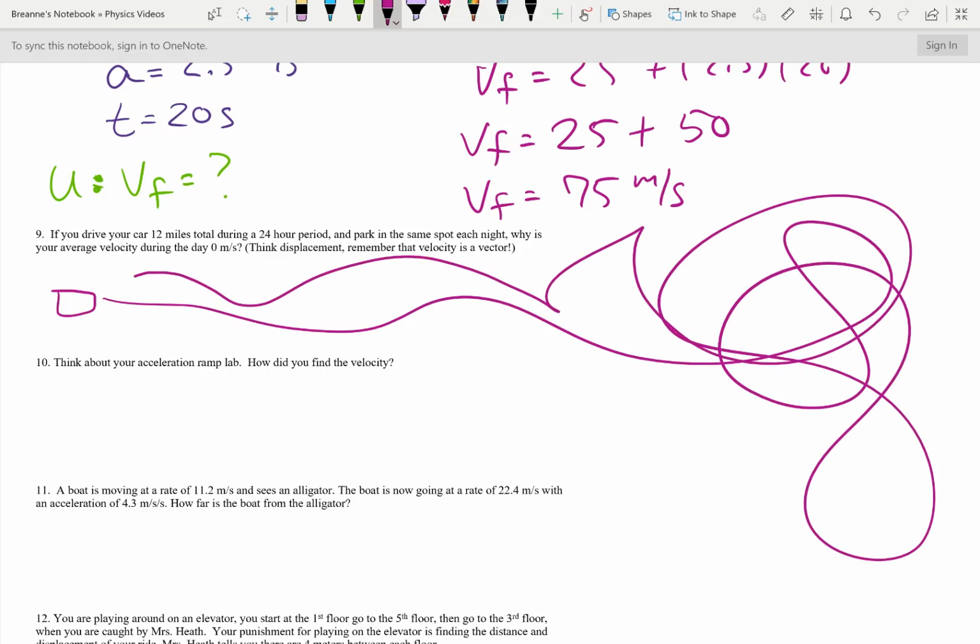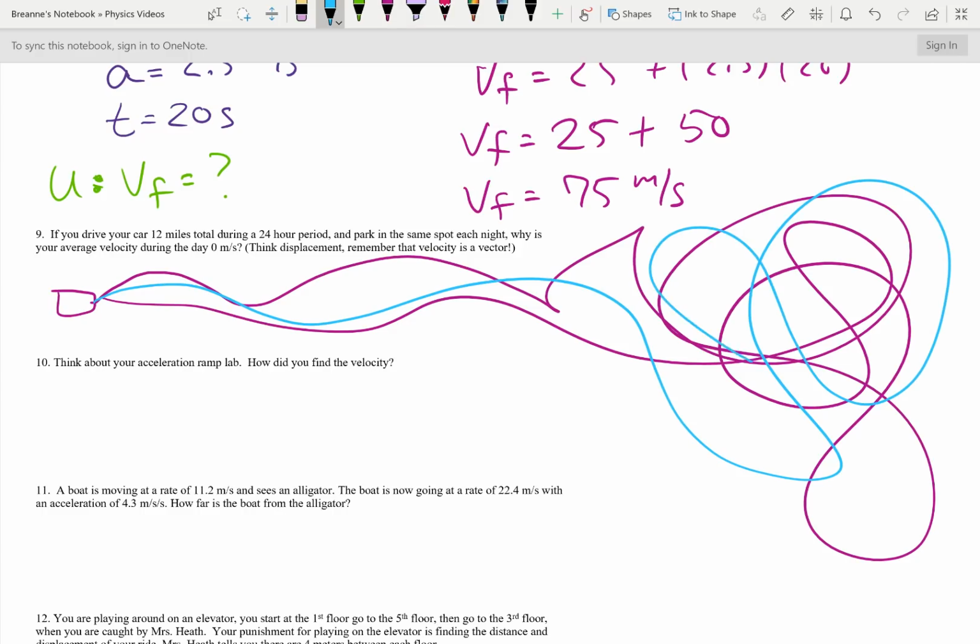If you park your car in the exact same spot every day, your displacement is going to be 0 because you're starting and stopping in the exact same spot. So since your equation is displacement over time, your velocity will be 0 also.